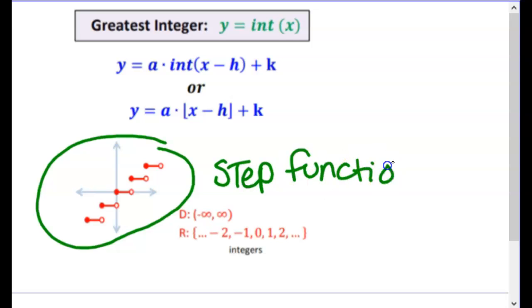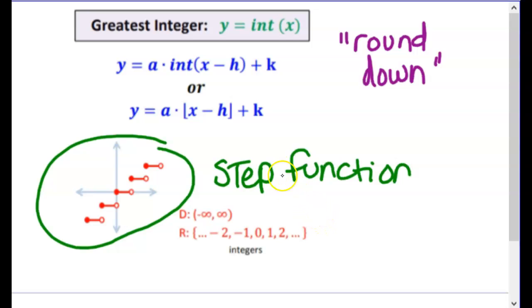But it's actually called the greatest integer function, or the round down function, because the rule is it is the greatest integer less than or equal to a number. So you round down or to the left.